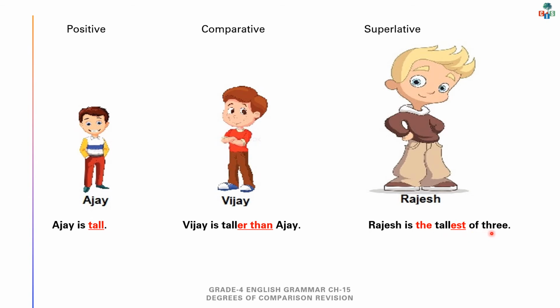Now here children, we are comparing these three boys. Means we are making comparison of more than two. So it is in superlative degree, and for superlative degree we use the. Rajesh is the tallest of three.